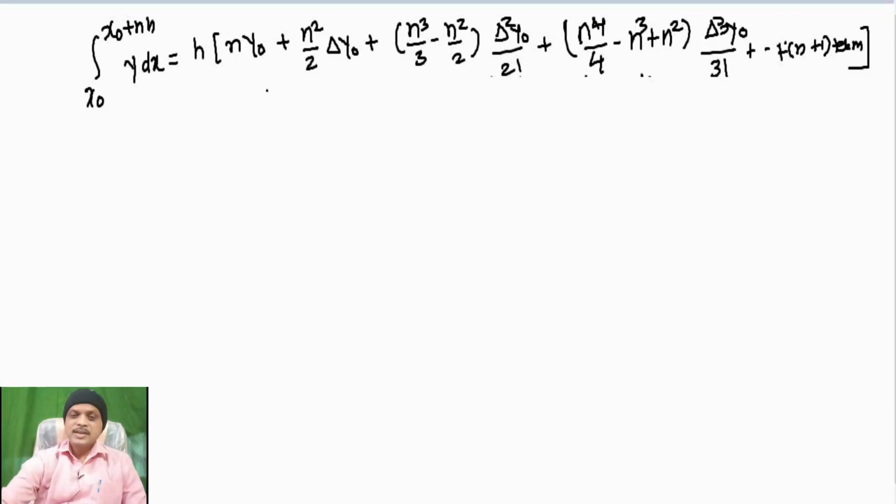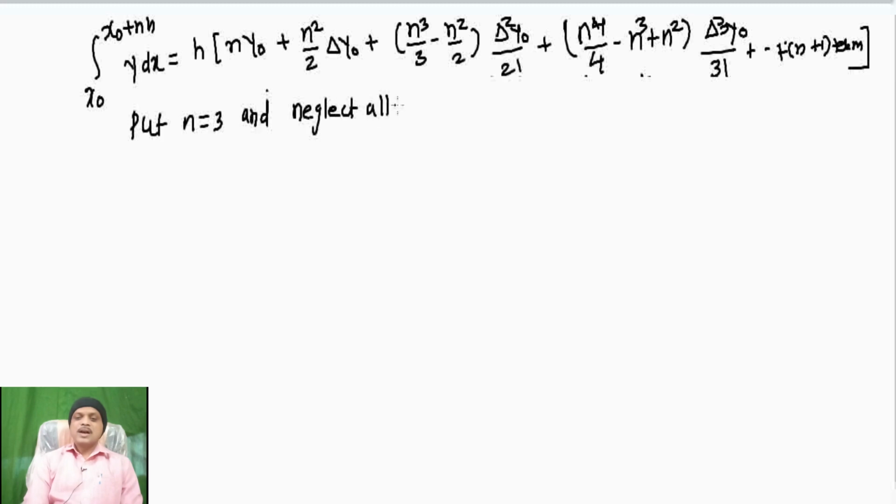The general formula is on your screen: integration of y between the limits x0 to x0 plus nh. Now here we put n equal to 3 in this rule, and neglect all higher derivatives than third.